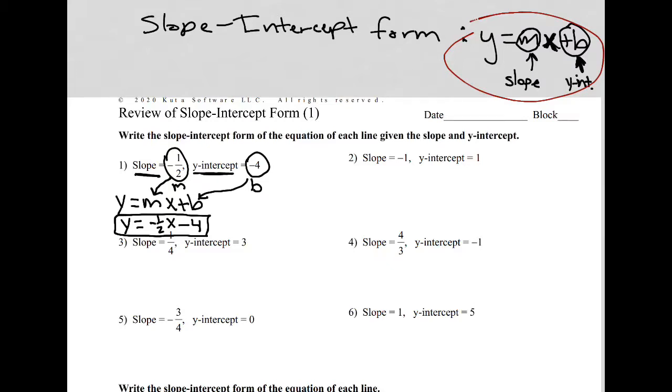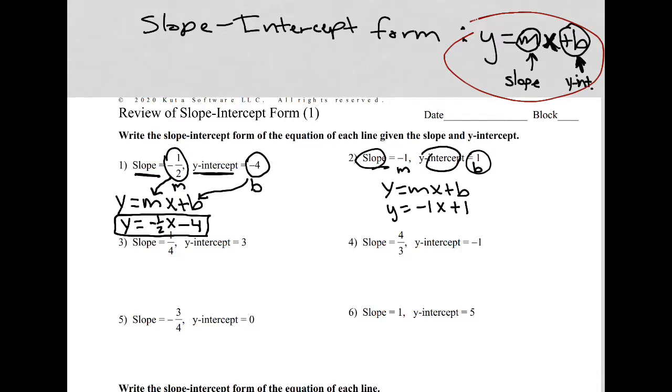So I'll just do 2 of these with you. Let's see, for instance, number 2, we'll just do 1 and 2. So once again, this is your slope, so that is your m, and this is your y-intercept, so that is your b. So in the form y equals mx plus b, we have that m is -1, so -1, always bring down your x, and then your b, which is 1, it's a +1, so I'm going to put +1.